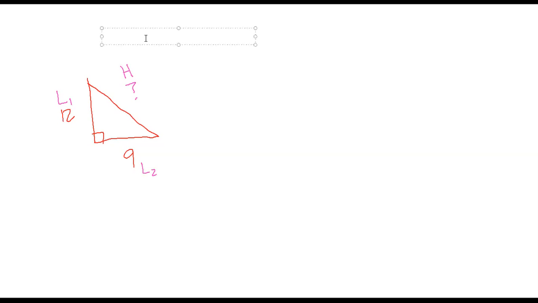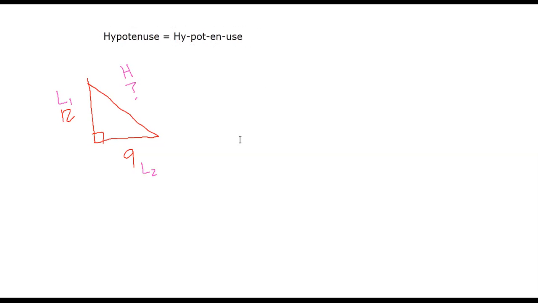It's a long word. Hypotenuse is actually the word of the week, so you want to write that down. This is how you pronounce it: hypotenuse.